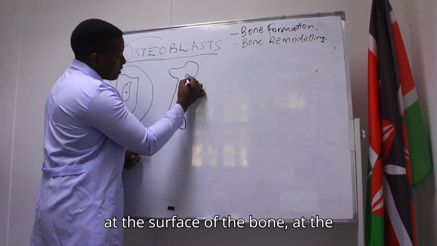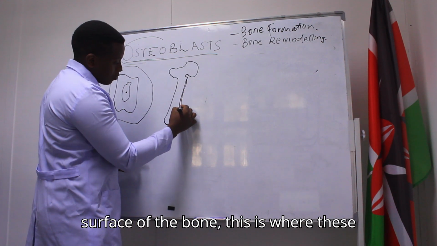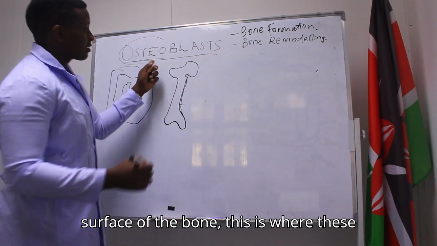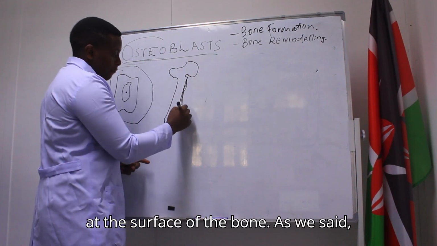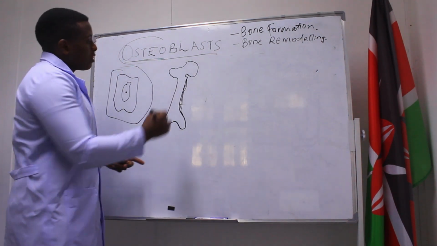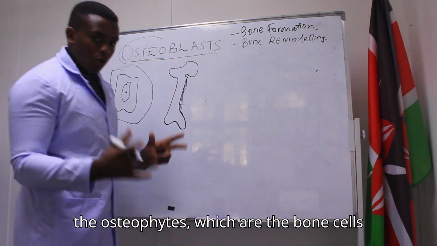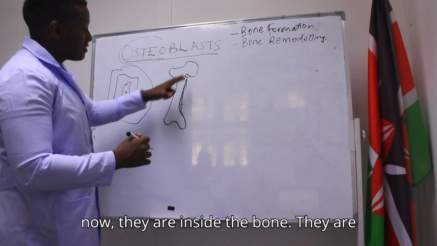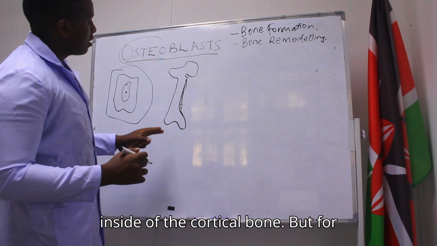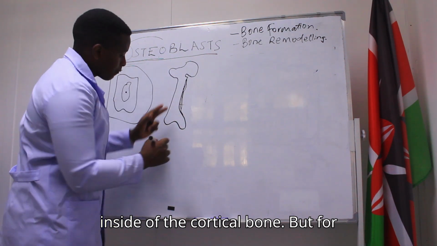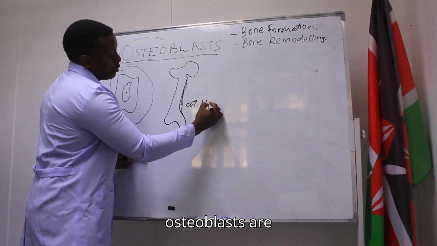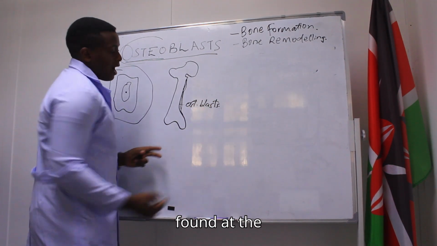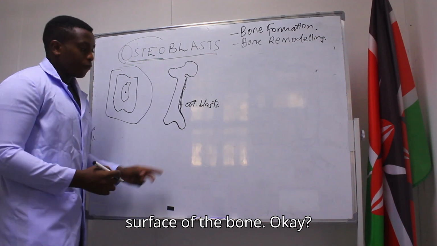At the surface of the bone is where these cells arise or stay. The osteocytes, which are the bone cells, are inside the cortical bone, but osteoblasts are found at the surface of the bone.